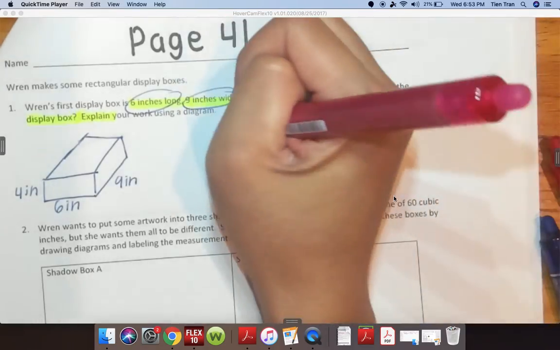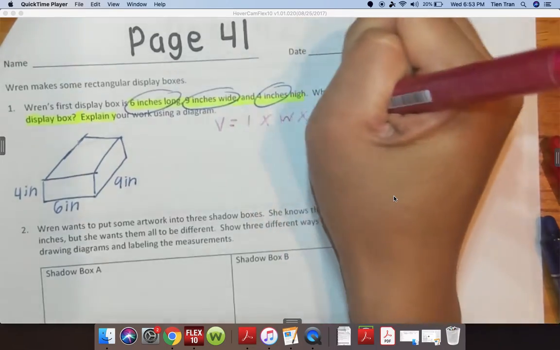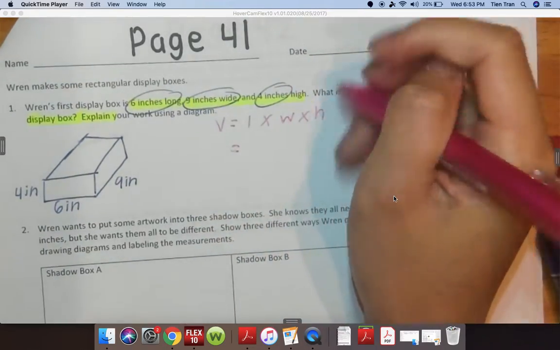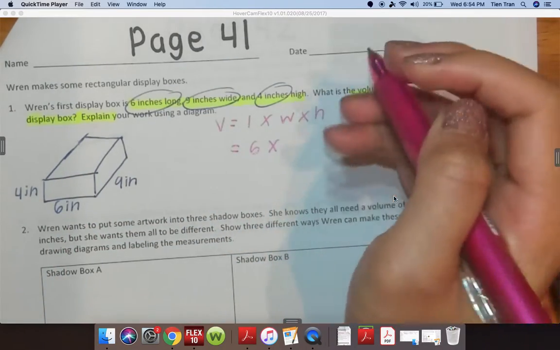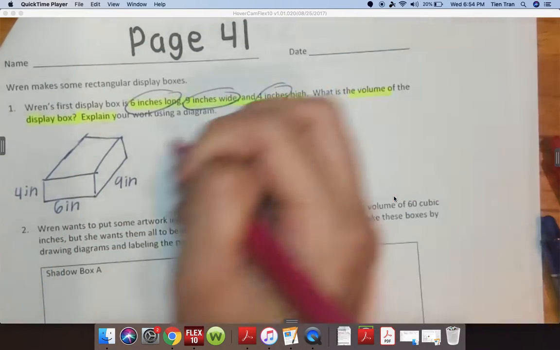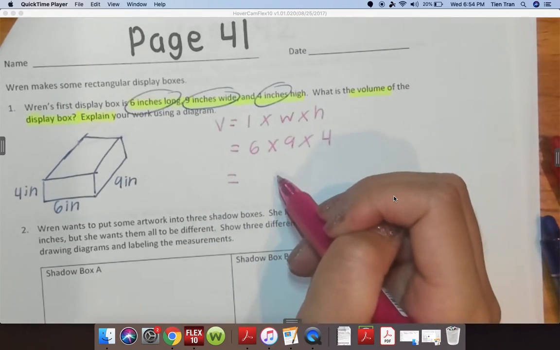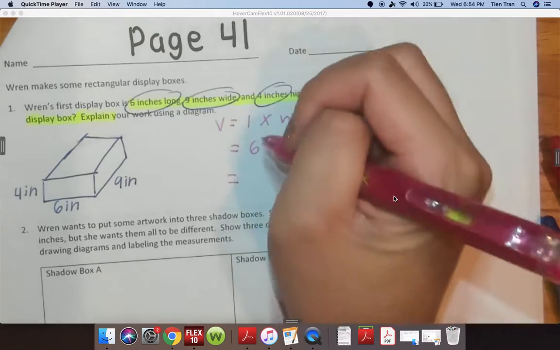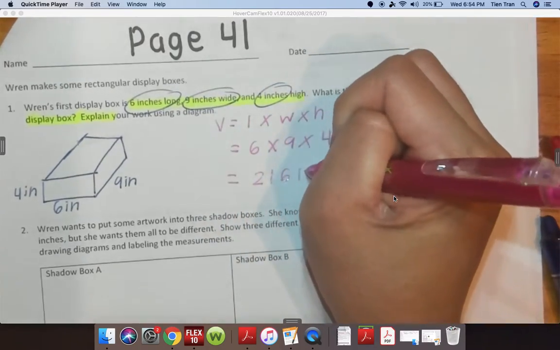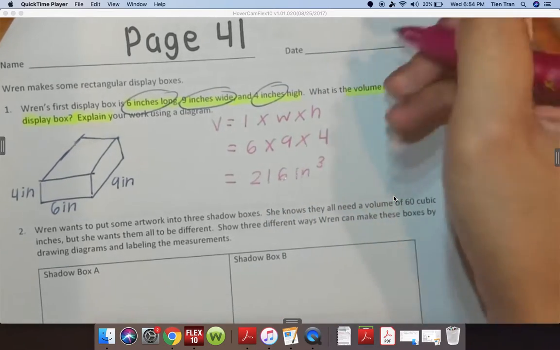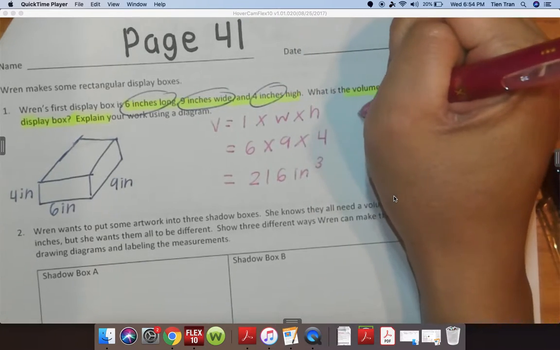So remember, volume is equal to length times width times height. Okay, so I have 6, which is the length, times width, which is 9, and my height, which is equal to 4. 6 times 9 is 54, and 54 times 4 is going to give me 216 inches cubed. Okay, so the box has a volume of 216 inches.